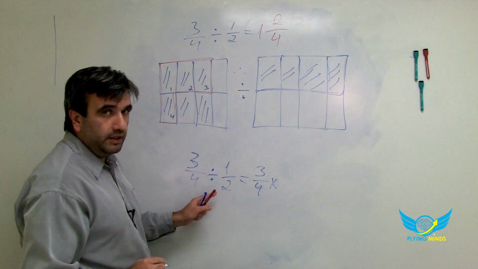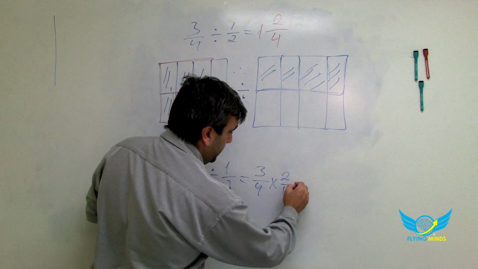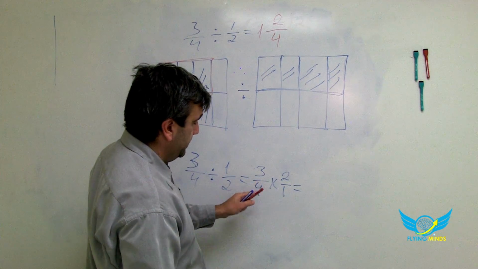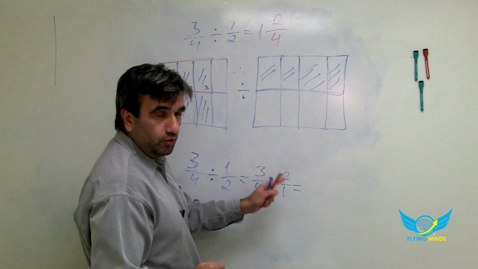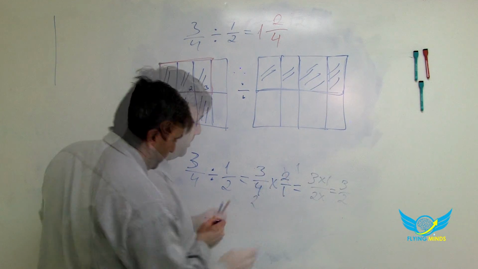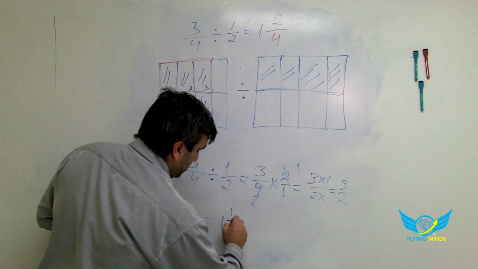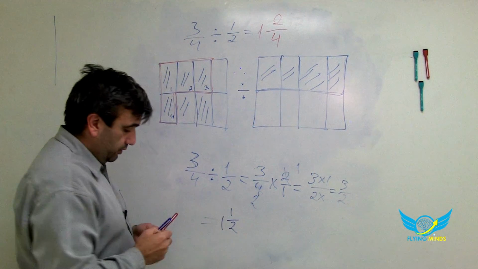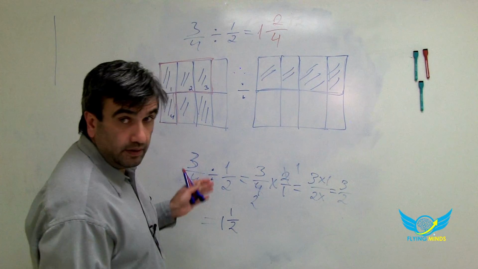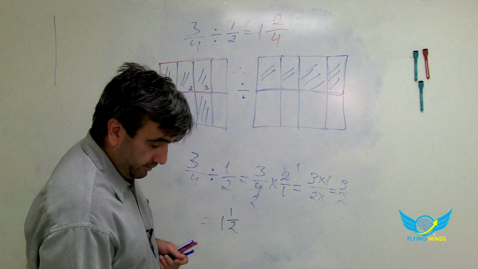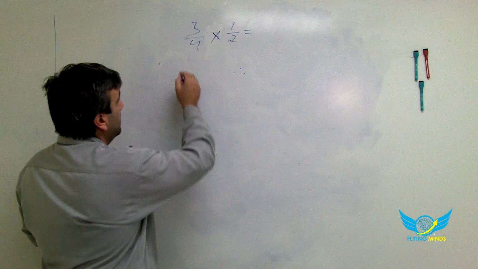So we had 1 over 2, now it will be 2 over 1, and you multiply fractions, numerators with numerators and denominators with denominators.